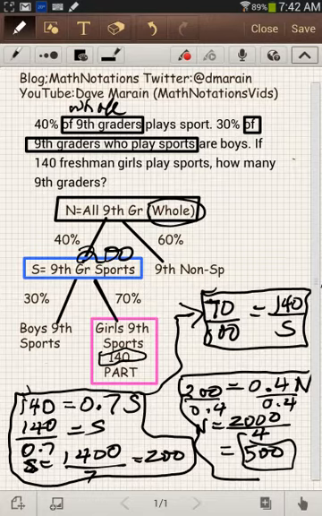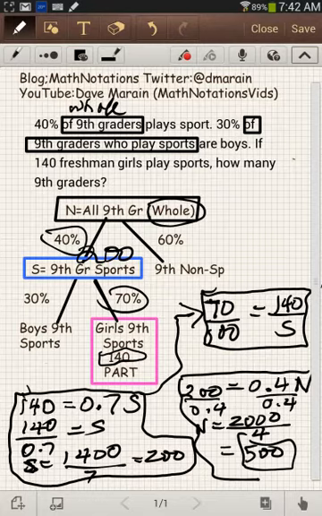Since we're really dealing with a percent of a percent, 70% of 40%, the more advanced student may be able to do this in apparently one step. I say apparently because it is kind of combined into one. All right.